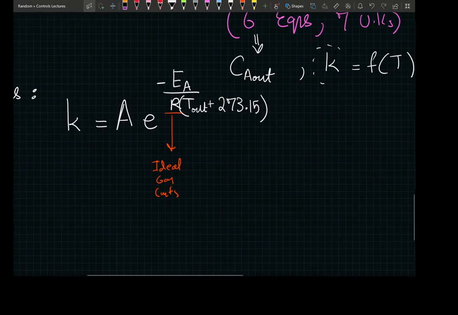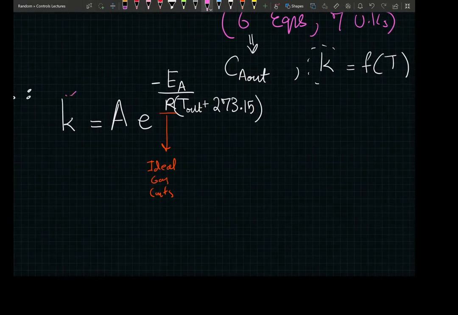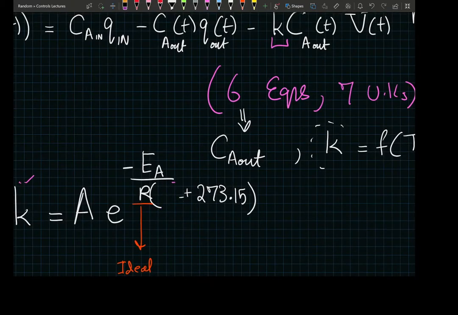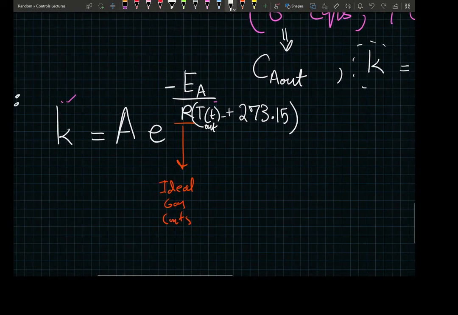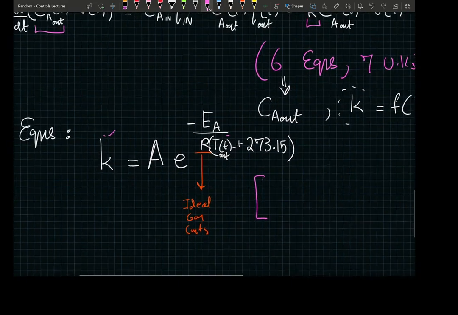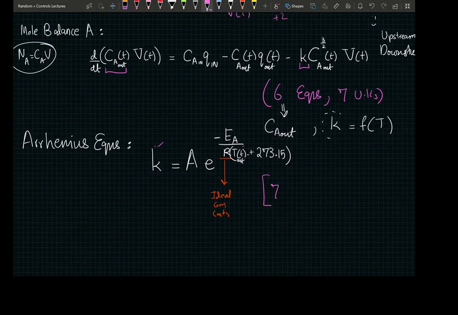Now we've taken care of K, and we still don't have an equation for the outlet temperature. The outlet temperature is, in fact, let me make it more explicit, a downstream variable. Therefore, it's gonna vary with time in our model. Seven equations and 8 unknowns.